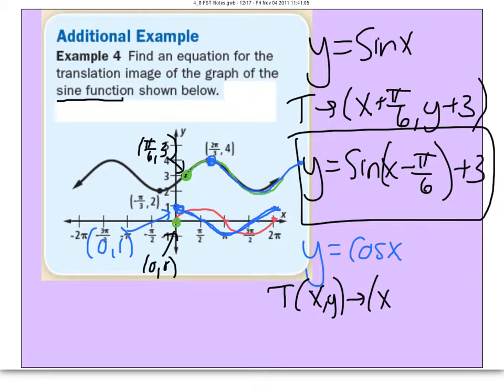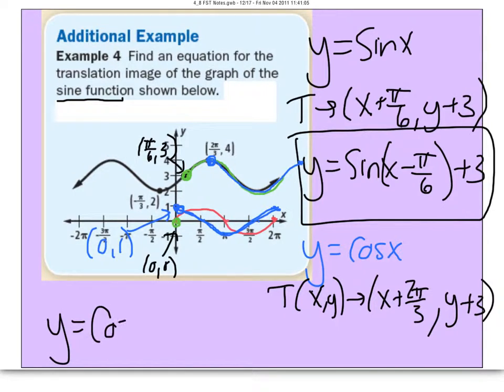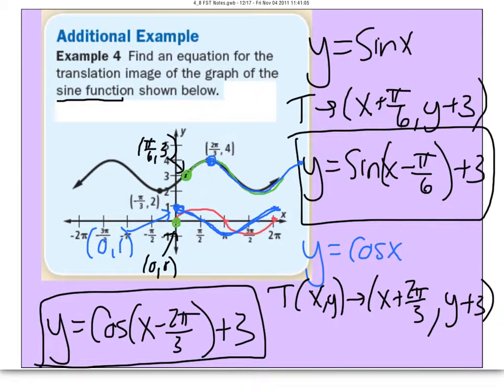Now they were at 1, but now they're up at 4, so they actually went up an additional 3. So if we put this into the cosine function, we're going to do the cosine of x minus 2 pi over 3, close it out, and then do plus 3. And this is the equation for cosine.